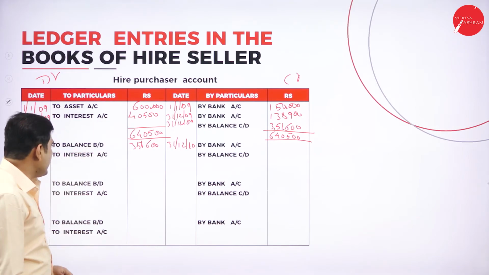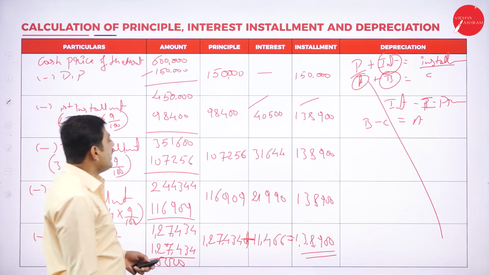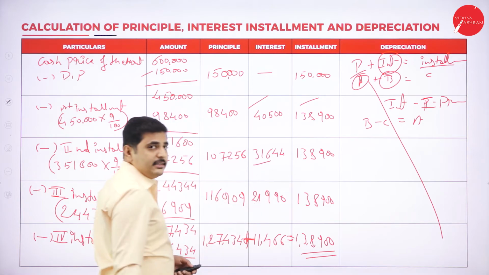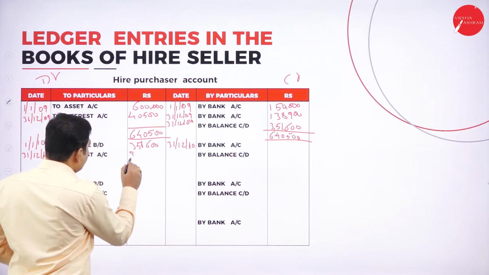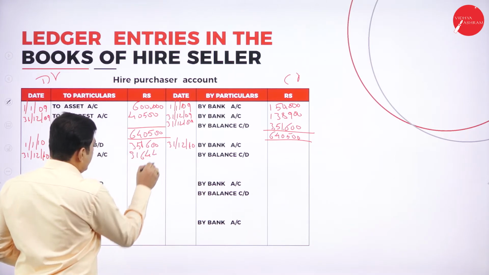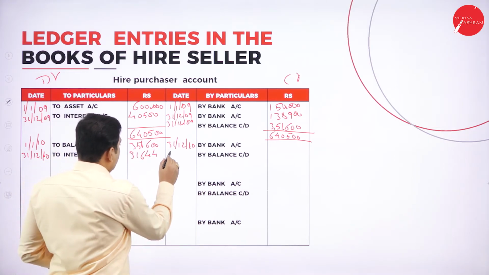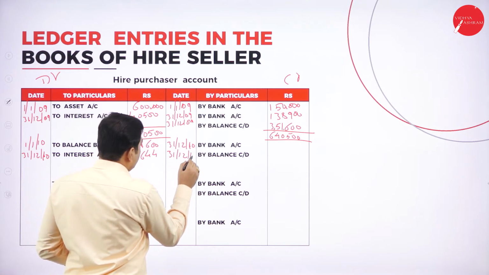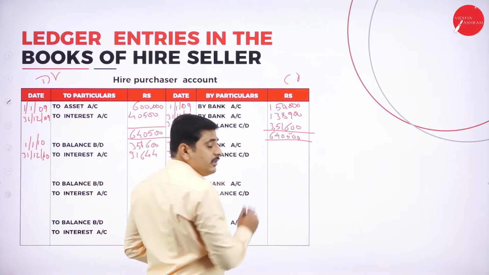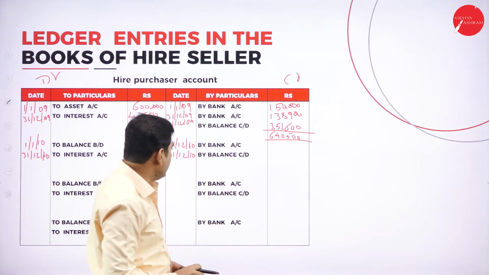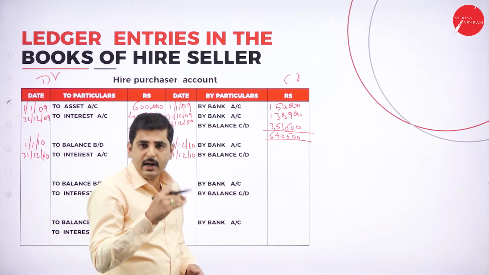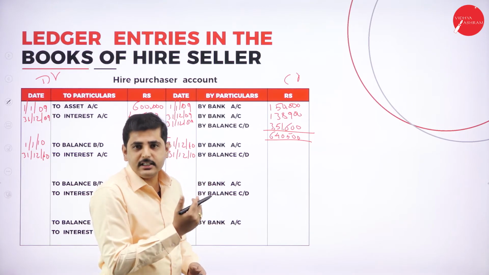What is the second year interest? Let's look at the second year interest here: 31,644. Now again on 31/12/2010 we have to receive the installment. What is the journal entry to receive the installment? Bank account. Debit the receiver, credit the giver.